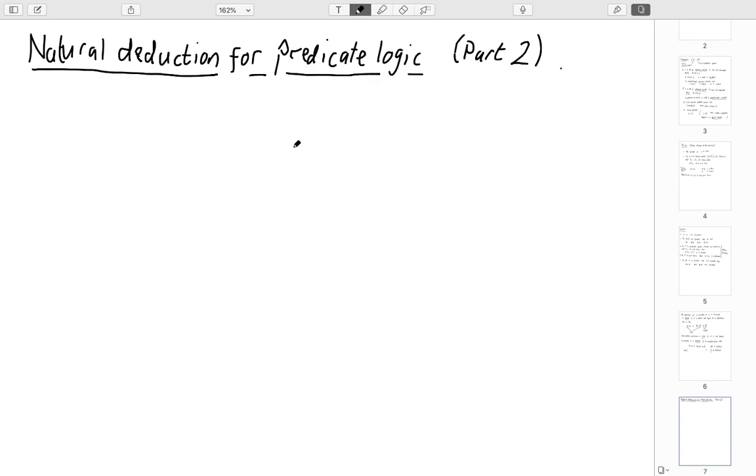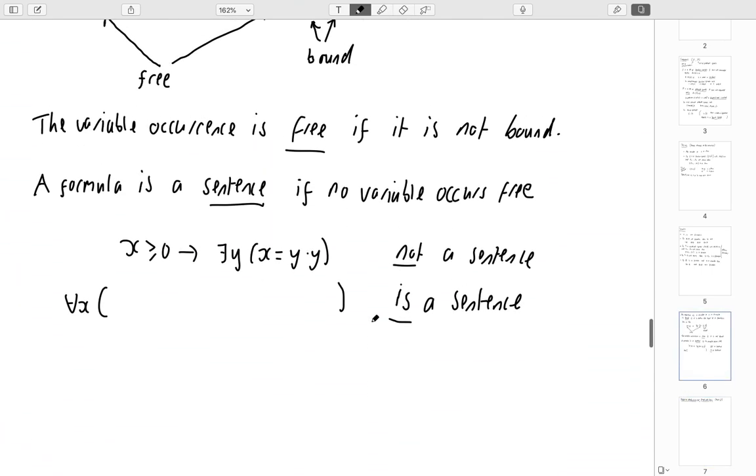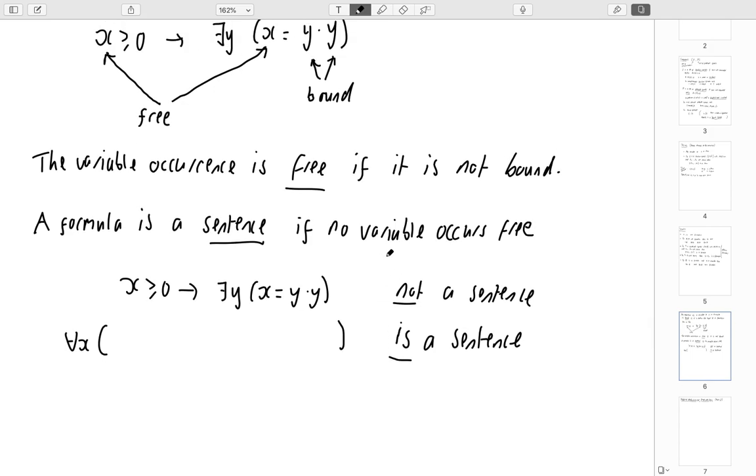So where we got to last time, the last thing we did, was the notion of a sentence. A formula is a sentence, you'll remember, if no variable occurs free in it. And the point of a sentence is it expresses a proposition that's either true or false independently, as there are no free variables that we need to give interpretations to.